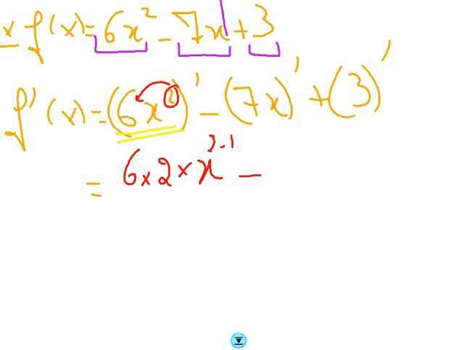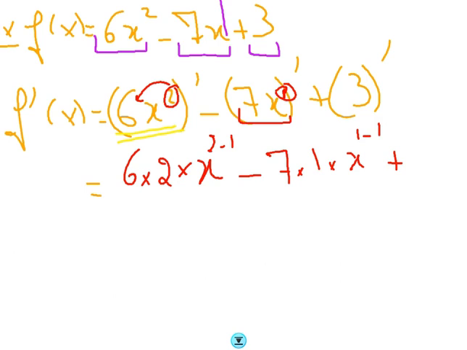Minus, also this is of the form a times x to the power n. Here n is 1, x to the power 1. So you keep the a, you bring down the exponent n, so times 1, times x to the power n minus 1, so 1 minus 1.